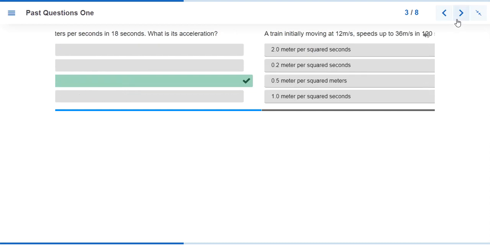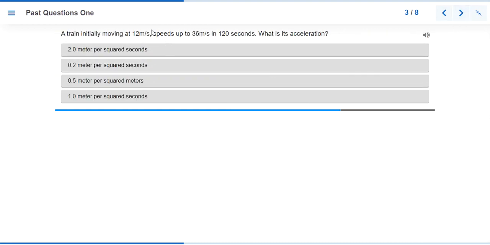All right, let's move on. A train initially moving at 12 meters per second speeds up to 36 meters per second in 120 seconds. What is the acceleration of the train? Looking at this, it slightly differs from the conventional way we've known acceleration to be.